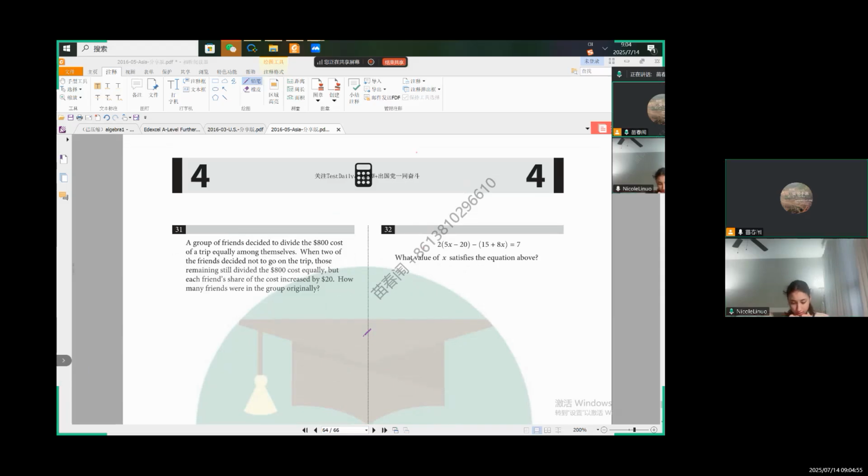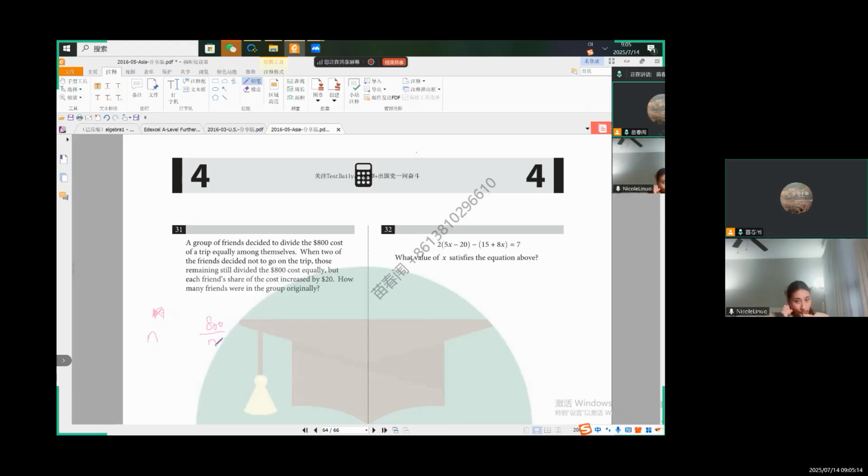Yeah, but the key here is, say you have n people in the beginning, and 800 to share. So each share is 800 over n, right?